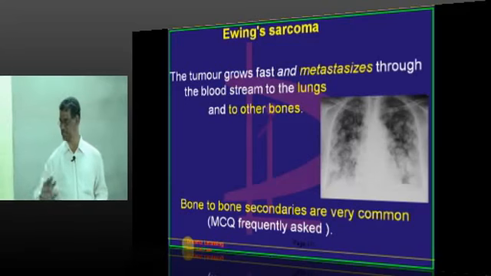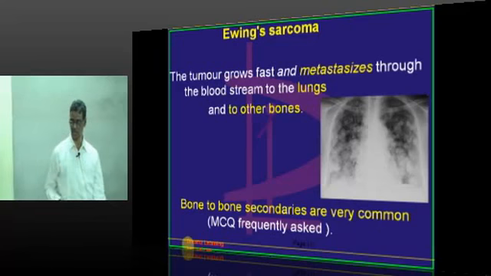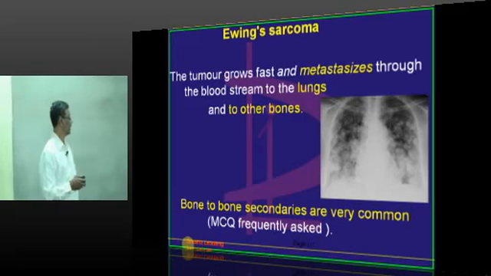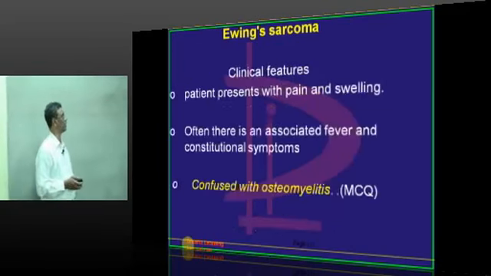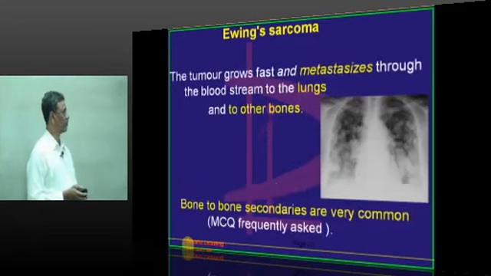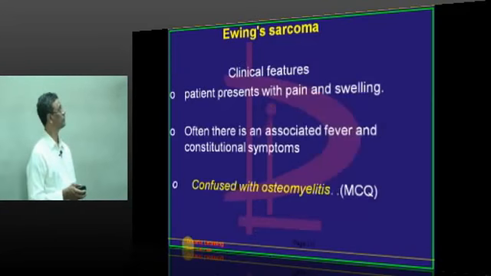That is a controversy. But for your level, remember, bone-to-bone secondaries is a character of Ewing sarcoma, along with fever, constitutional symptoms, and onion peel appearance. Bone-to-bone secondaries are very common. This is a most frequently asked question.